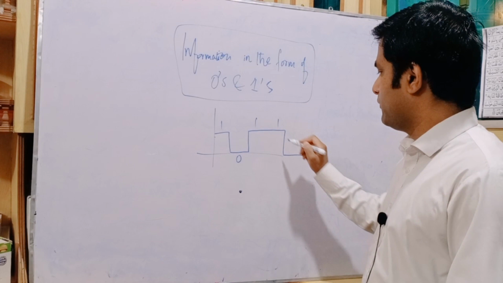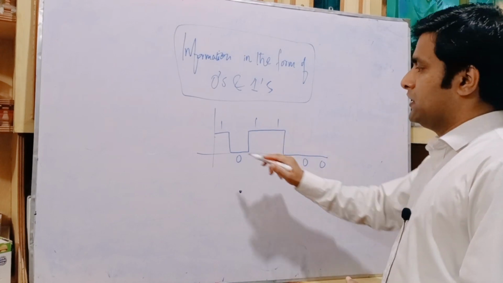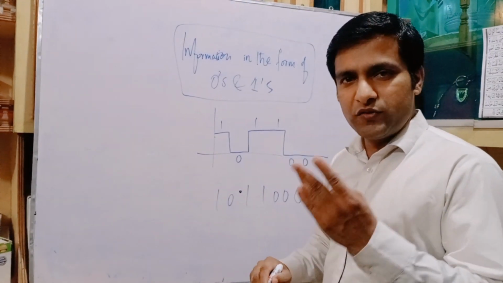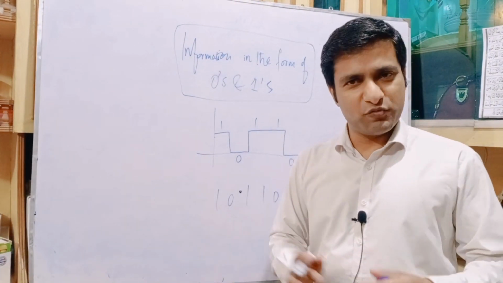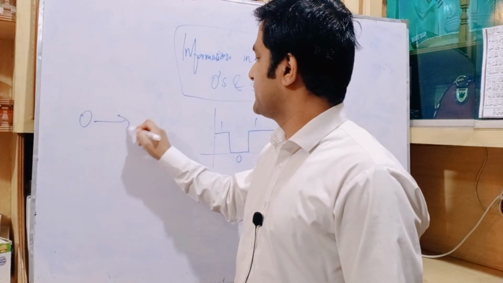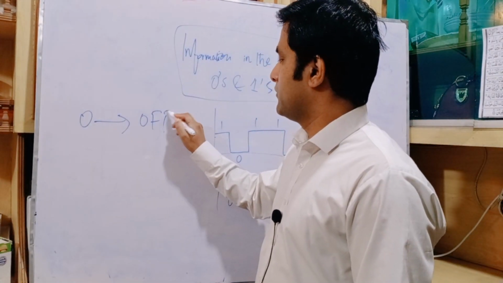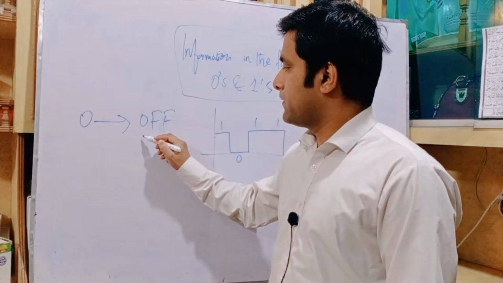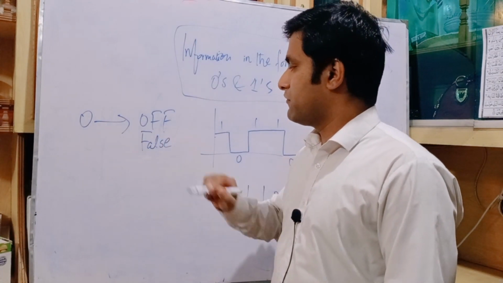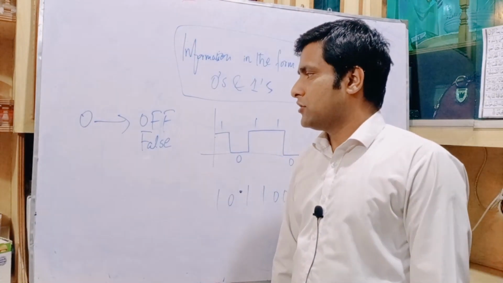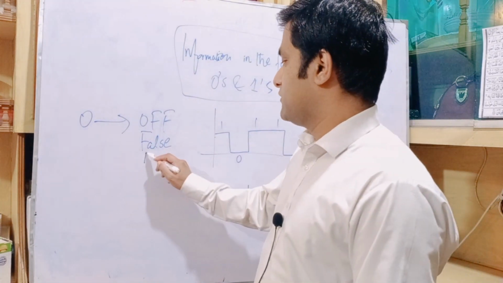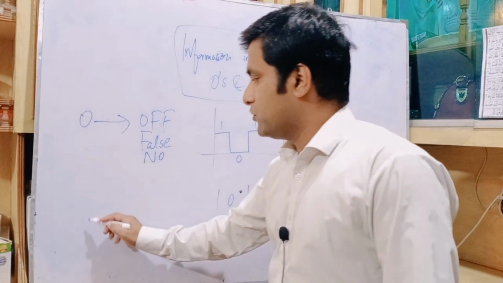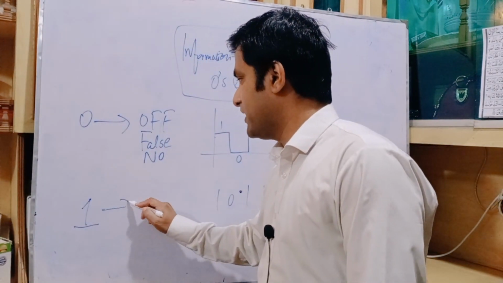One, zero, one, one, zero, zero, zero. So your information is like this. Only two states. Either it is 0 or it is 1. 0 means off, or you can understand 0 as false, or you can understand 0 as no. But if you talk about 1, what is 1?